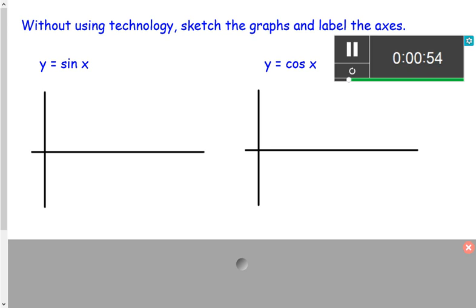No calculators. Make sure you put a scale on the X and Y axis as well.